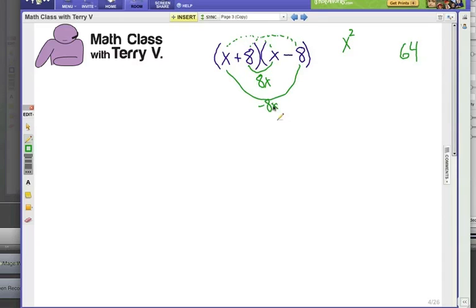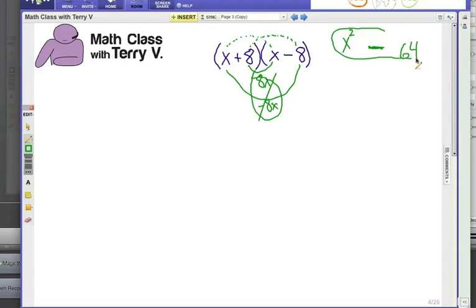Now you know that we have to add those middle terms together, and guess what? They cancel each other out. They give you 0. So instead of a three-term answer, which is typical when you start with what you're trying to factor, you actually have two, and it's a perfect square and a perfect square and subtraction. Do you see why it's subtraction? Right, we have a positive 8 times a negative 8 gives me a negative 64.